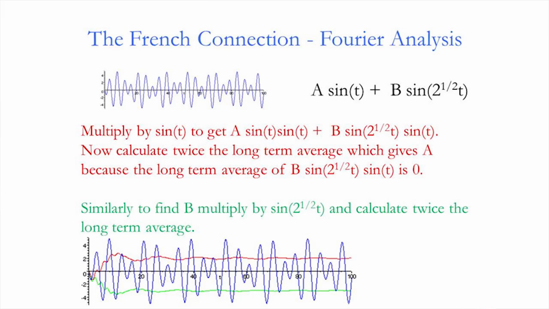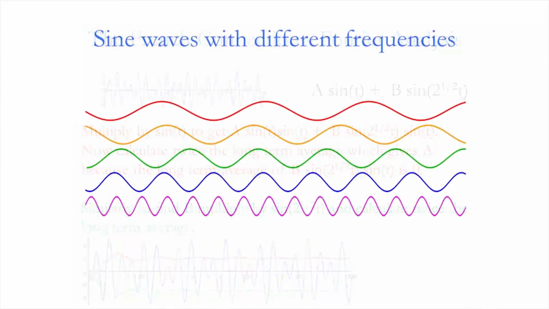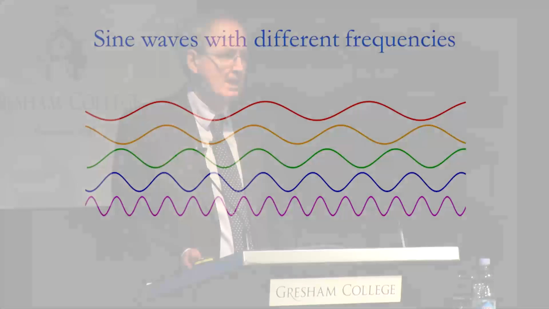And if you take the average of a sine term over time, let me go back to here, if you take any one of these trigonometric functions and look at the average, because there's the same amount above and below the axis, the average is going to tend towards 0. So you multiply. If you want to find one of the particular terms, let me go forward again. Here we are.